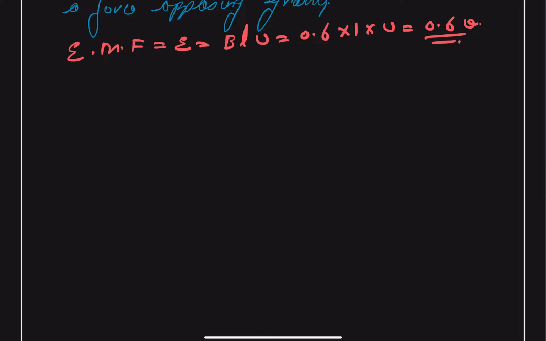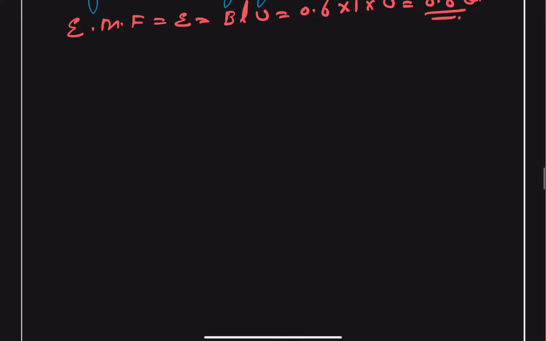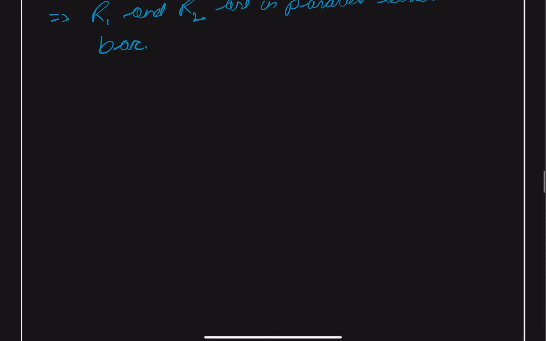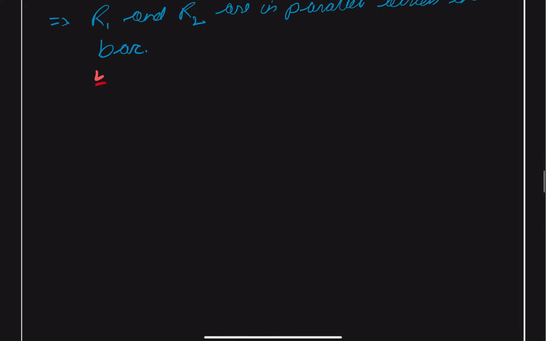Now we have two resistors R1 and R2, and these two resistors are in parallel across the bar. Therefore, the equivalent resistance R equivalent will be equal to R1 R2 divided by R1 plus R2.